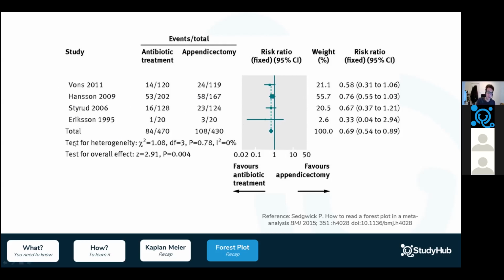So what you do with this test for heterogeneity is check your data to see if there are any underlying variables or biases that are going to skew your results, or maybe even make your data incompatible with each other. Here we've got a p-value, and basically they do a chi-square test and calculate the degrees of freedom and all this kind of stuff. It's just statistical tests.